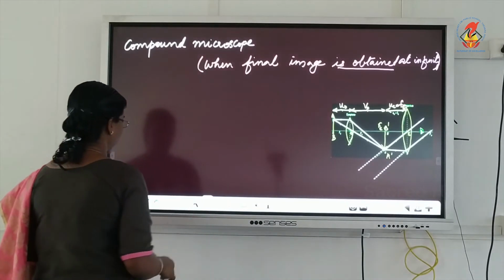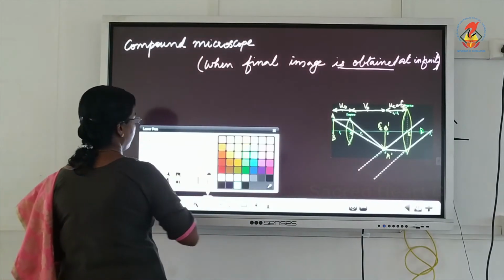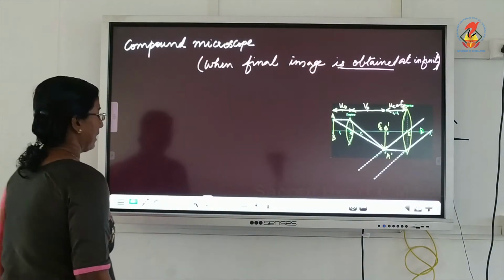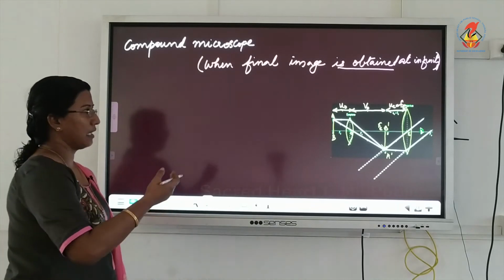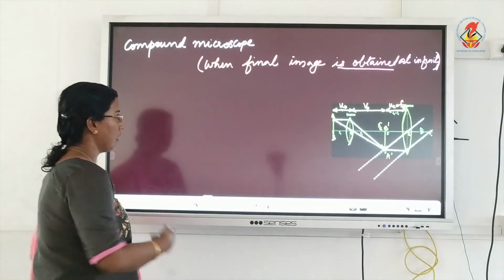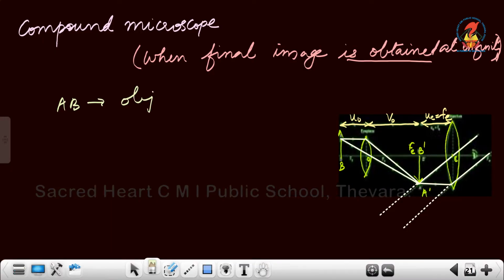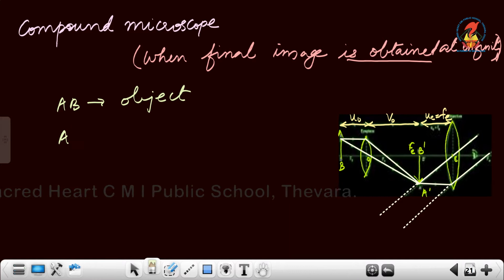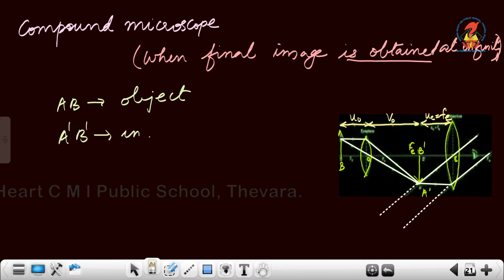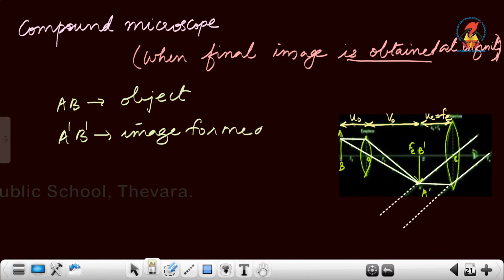Now let us see what the equation for magnification is. The detailed derivation is not required here. Here AB is the object, A dash B dash is the image, and this angle is beta.